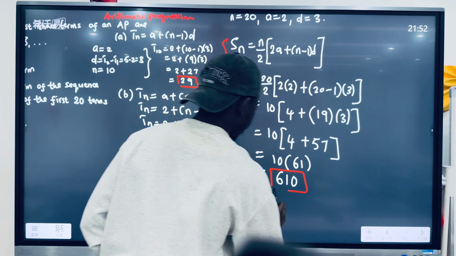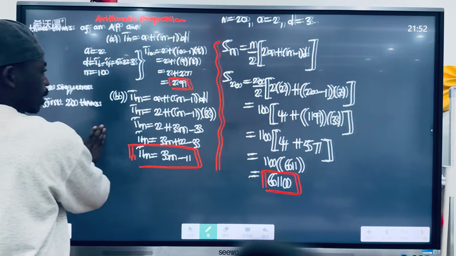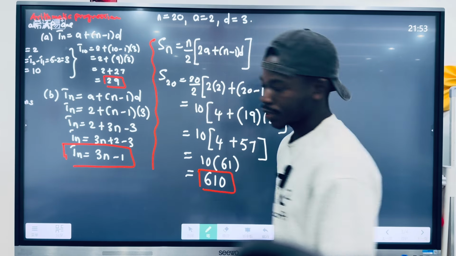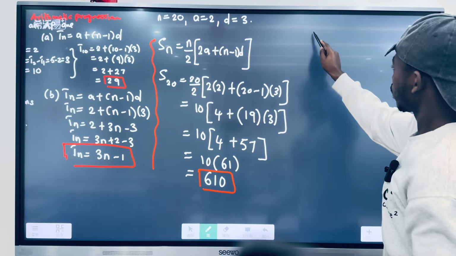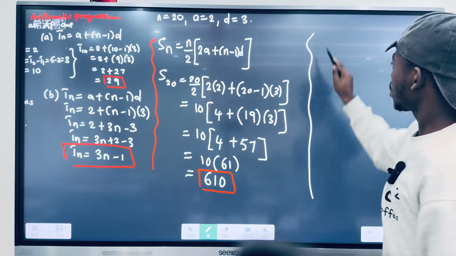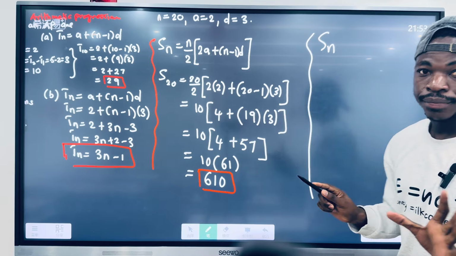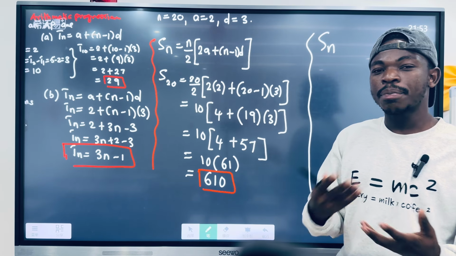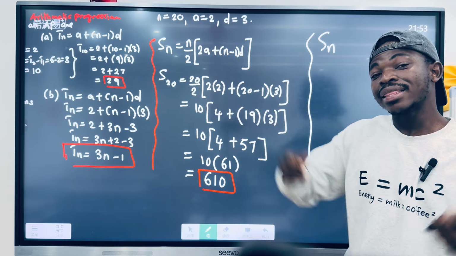Now, there is actually another formula that you can apply to find the sum. Apart from this formula, you can also use this one for the sum of the first n terms. You can apply this formula when you know the first term and the last term.